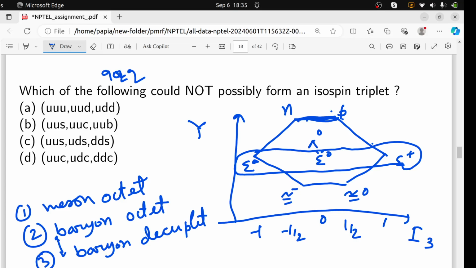So on the I3 plot, the singlet, triplet, whatever we talk about, will simply be a straight line parallel to the I3 axis. This is an isospin doublet, this is an isospin triplet, this is again an isospin doublet.